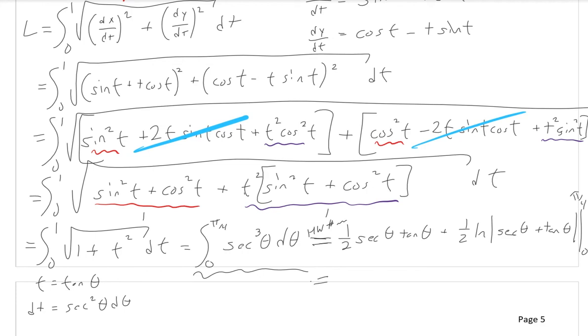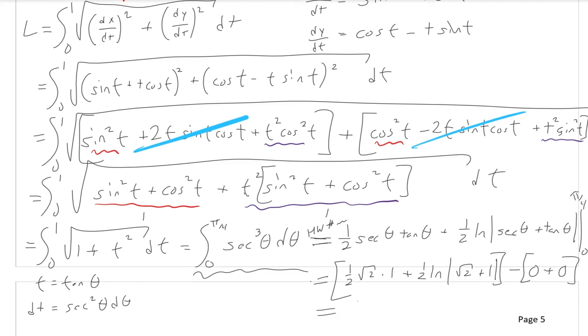Probably. If I plug in pi fourths and 0 into this, secant of pi fourths is root 2, tangent of pi fourths is 1, plus 1/2 natural log of those same things, root 2 plus 1, minus if I plug in 0, tangent of 0 is 0, secant of 0 is 1, natural log of 1 is 0, so that's 0 plus 0.